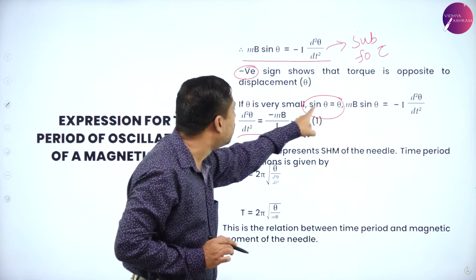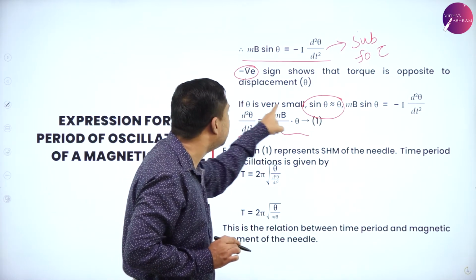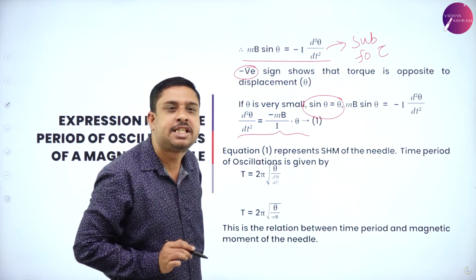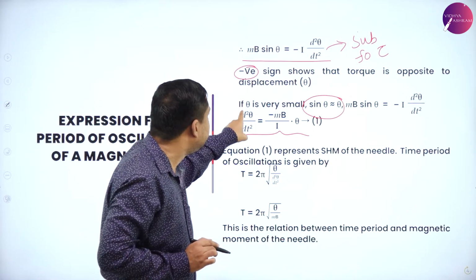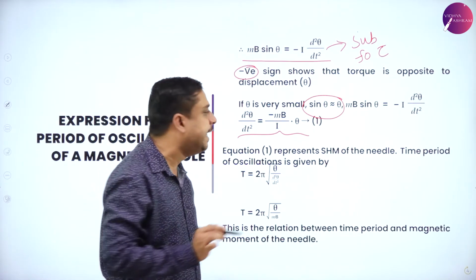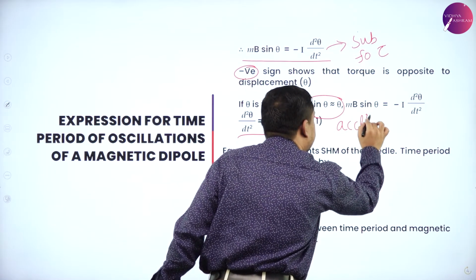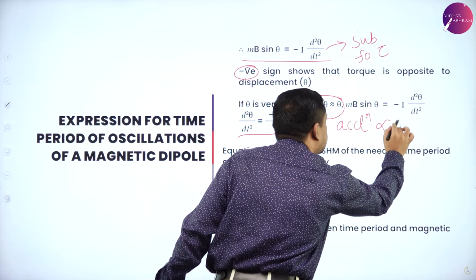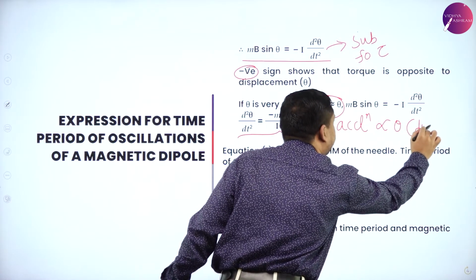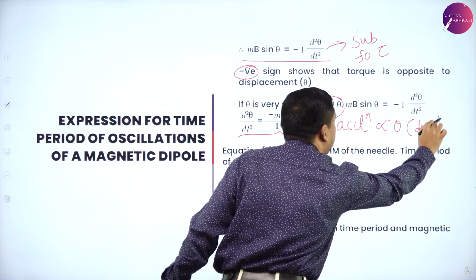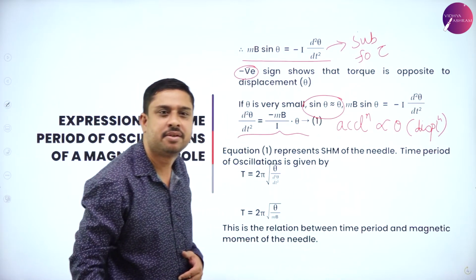Now I want you all to just analyze equation 1. d square theta by dt square is acceleration, which is proportional to theta, which is nothing but displacement.